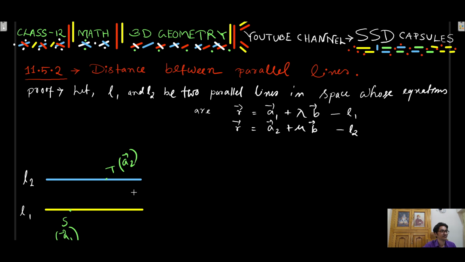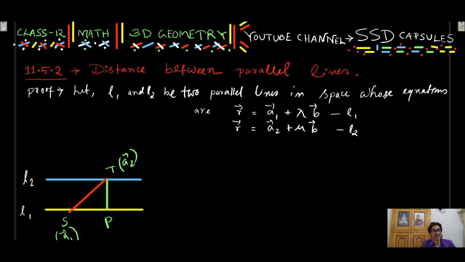Join these two points S and T. Then draw the foot of the perpendicular, say point P, from the point T on line L2 to the line L1.